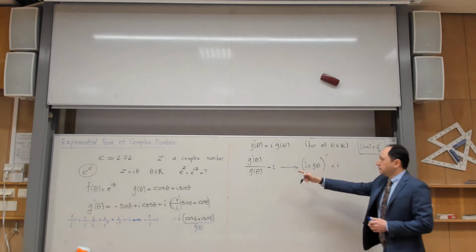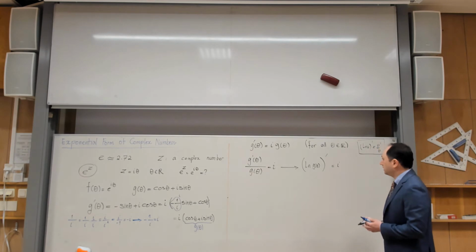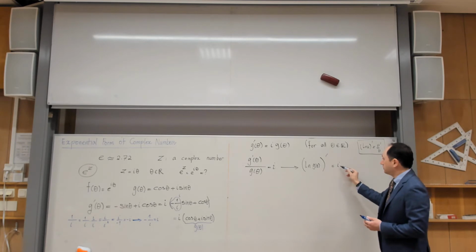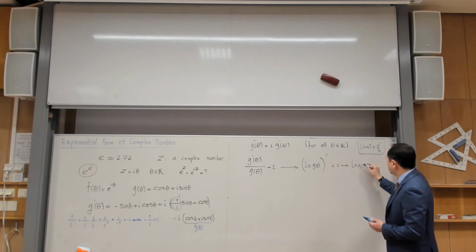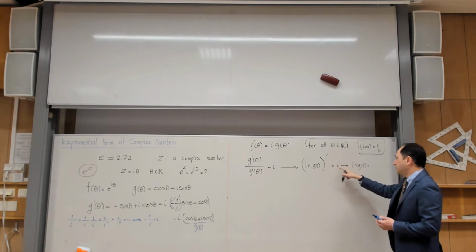So for the left hand side, I can write this, and then this is something whose derivative is this constant number i. It means that ln of g of theta is a function whose derivative is i.